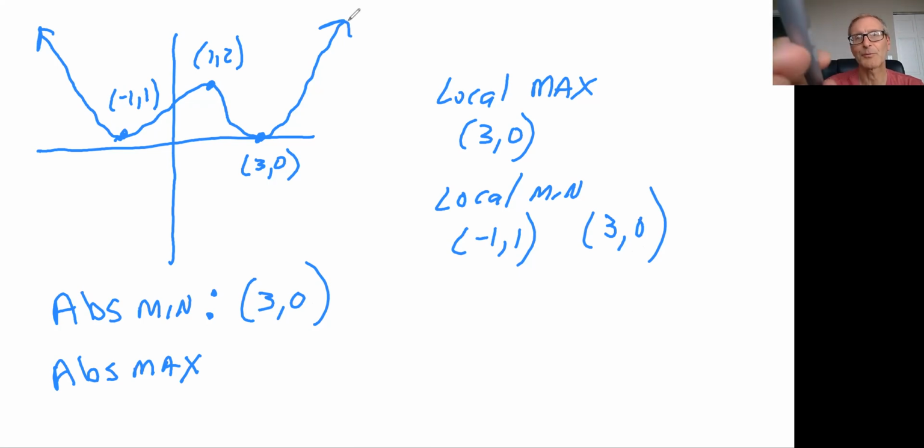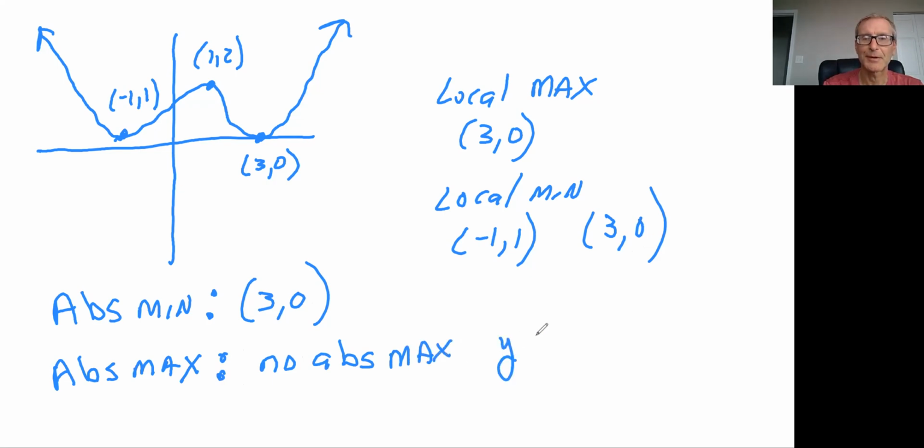Because you could see that the y goes up on both sides to positive infinity. So when that happens, we typically say there's no absolute max, or sometimes we would just say y would go to infinity with regard to that.